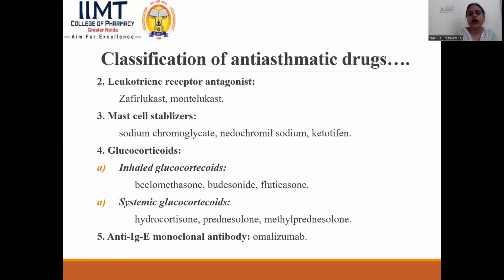Examples are hydrocortisone and prednisolone. The next class of anti-asthmatic drugs is anti-IgE monoclonal antibody. An example is omalizumab.